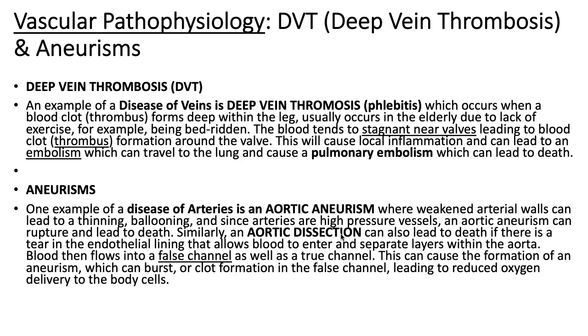And the thing that you worry about is that it would end up either clotting and causing all kinds of problems, especially in the coronary artery system, or that it could burst and the person could bleed out.